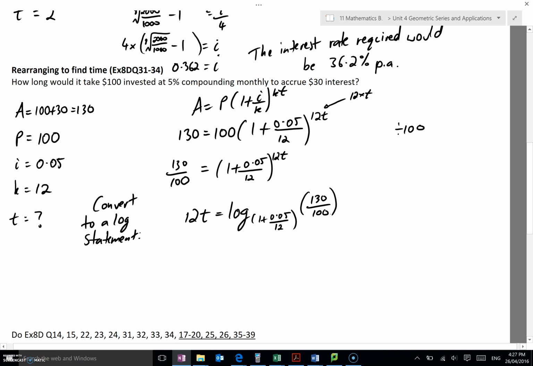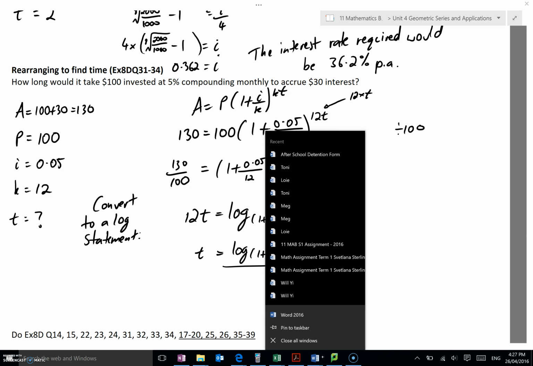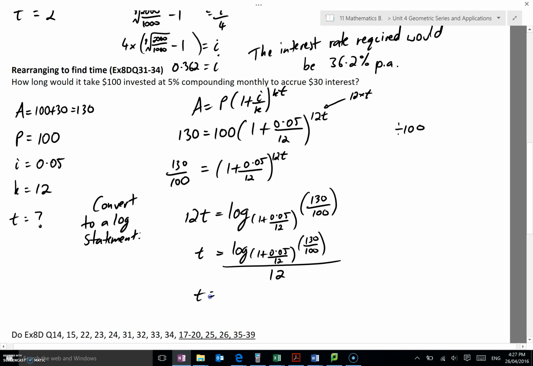Since I'm reasonably comfortable with logs, I can then go ahead and directly find t as well. So I know t will be this whole log statement, and then from there, I'll divide everything by 12 and get a time.